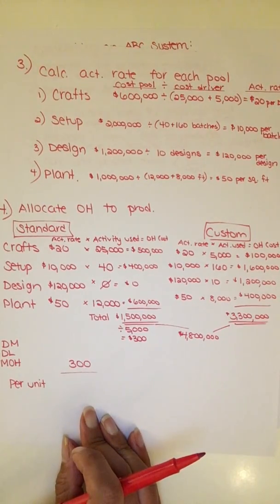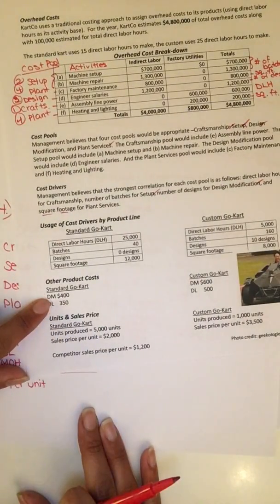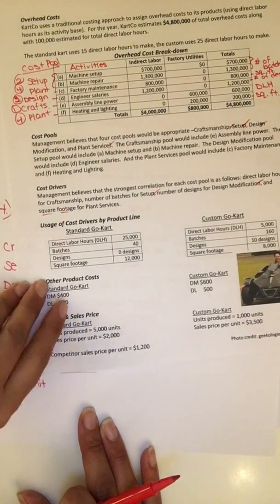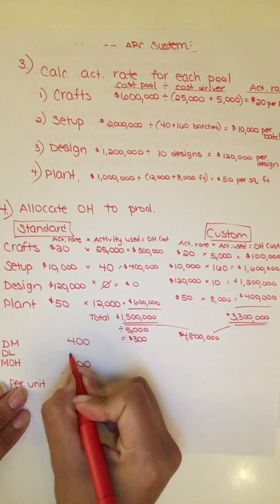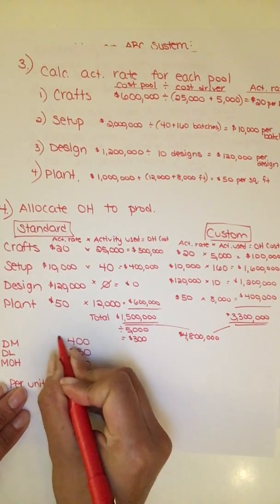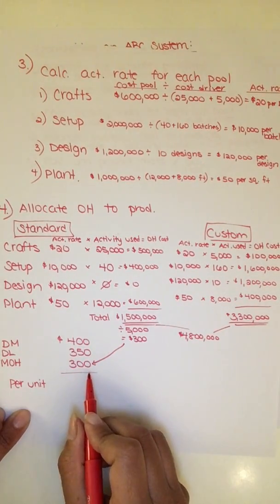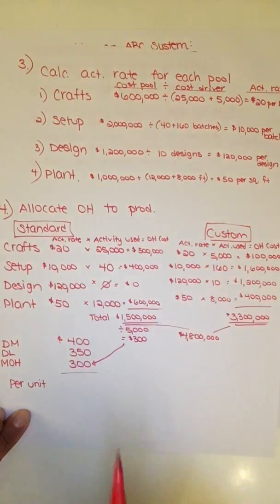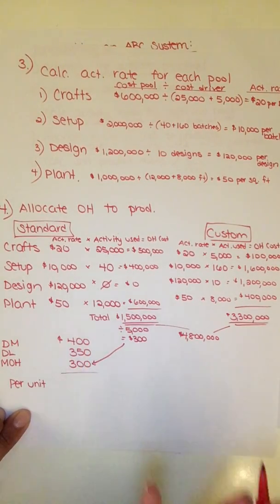Direct materials and labor, go back to your data sheet for that information. There you go, 400 and 350 respectively. Those were given. The only thing we had to calculate was the 300, because remember, ABC is just for calculating overhead. Everything else, DM, DL, that's traceable.